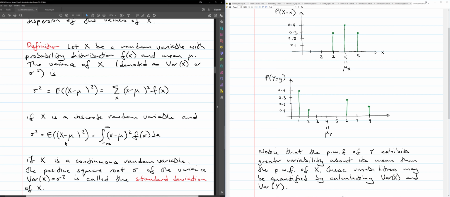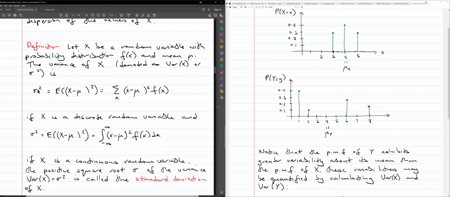So your function is (x minus mu) squared, and you multiply this against the PDF and integrate over all possible values of the continuous random variable, which would be minus infinity to infinity. And as we saw before, if your PDF is defined only on a certain finite interval, this integral simplifies for us. So this is our definition of variance.